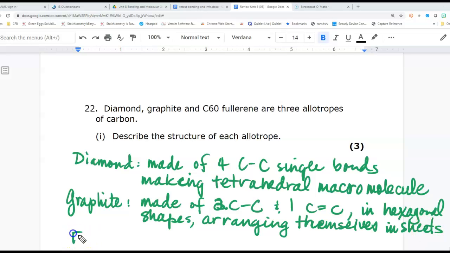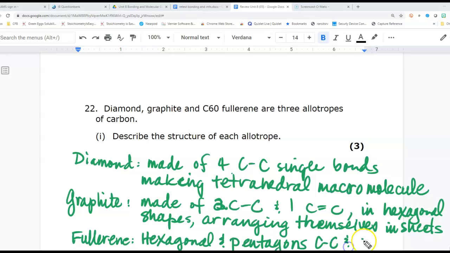Okay, and then C60 fullerene, you would have to say that they are made up of both hexagonal and pentagonal shapes, with C to C single bonds and C to C double bonds.